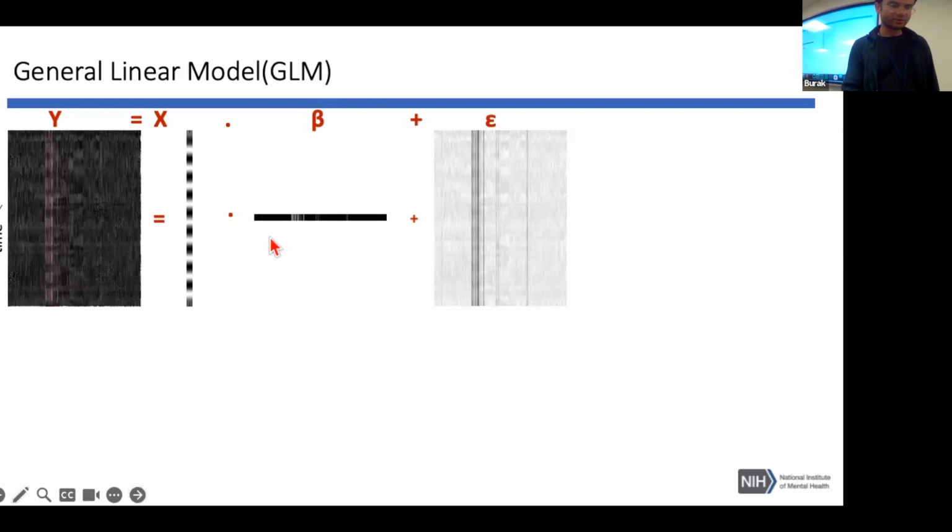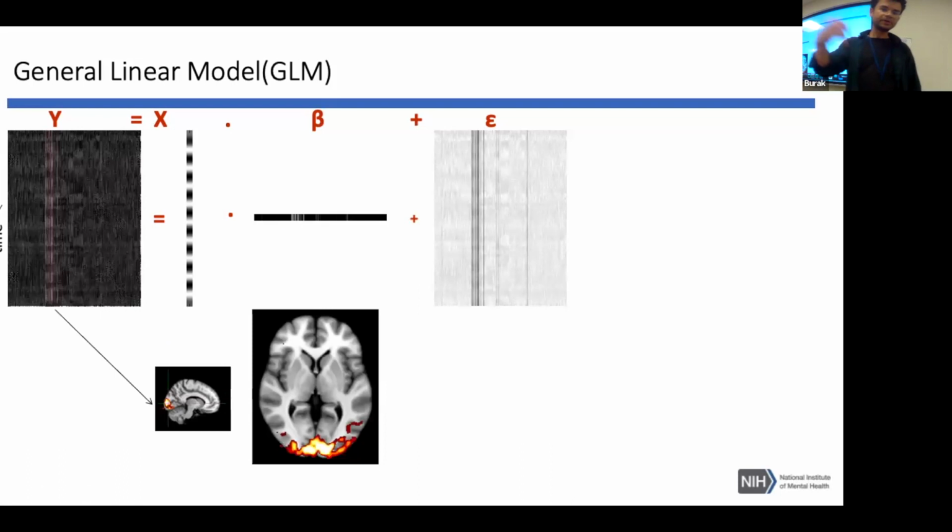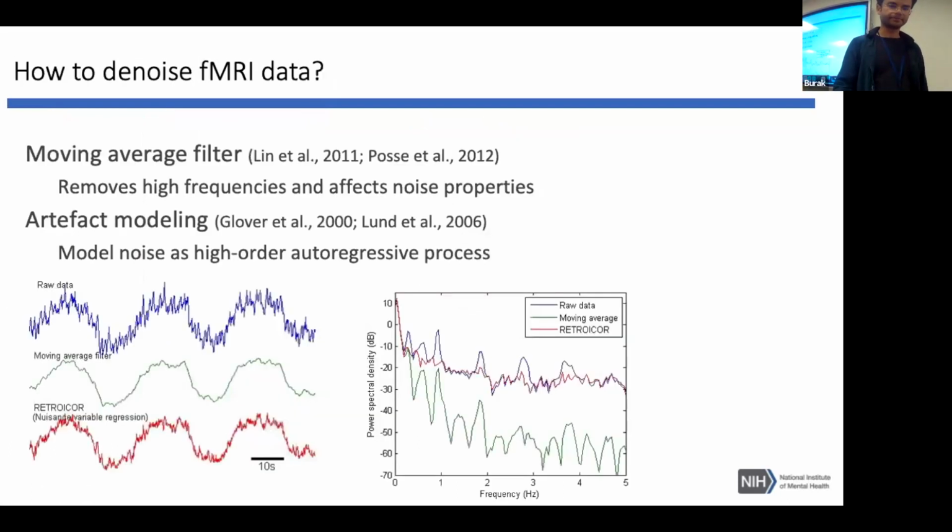Then look where they are matching, put it back to the spatial domain, XYZ in this case, and then you find the activity. And for physiological confounds, we need to model that and then see where they're influencing. In this case, it's a visual paradigm.